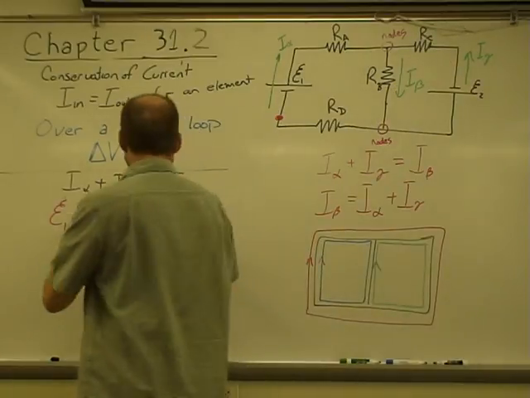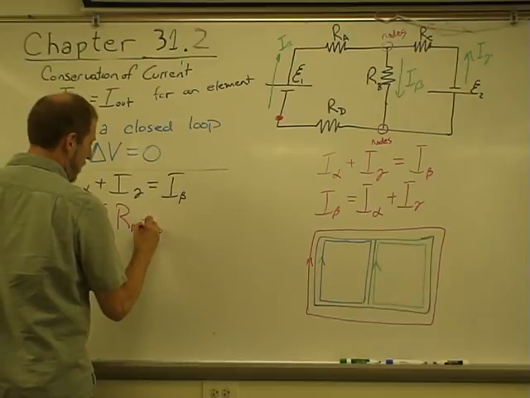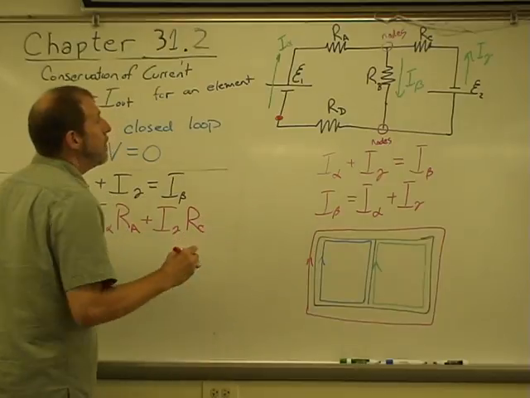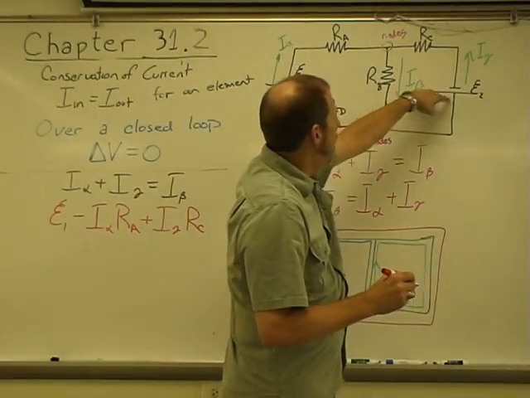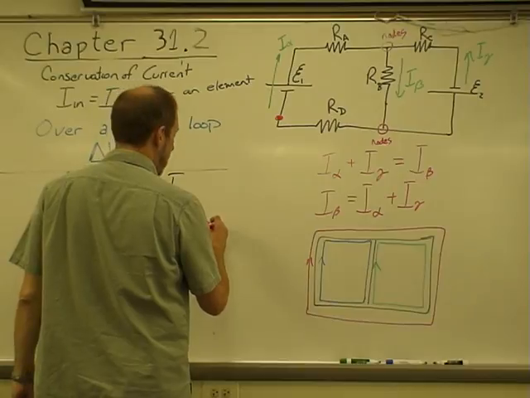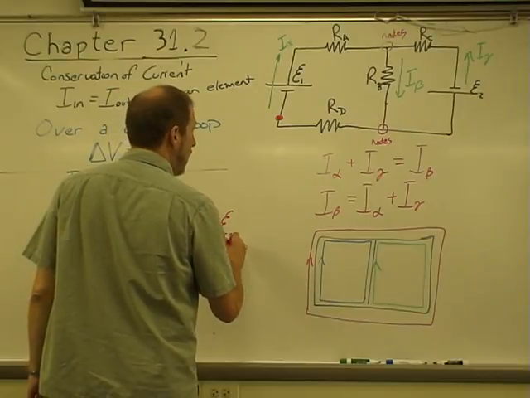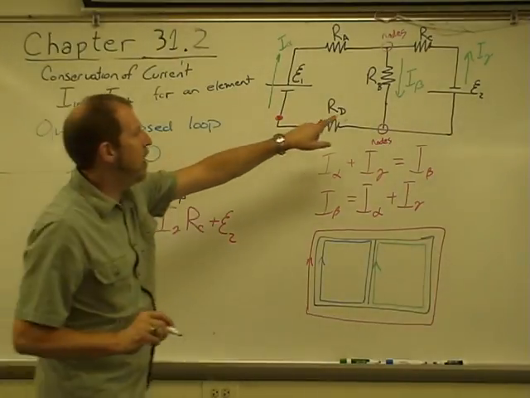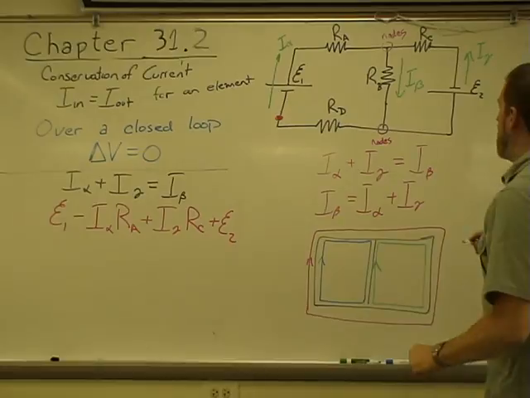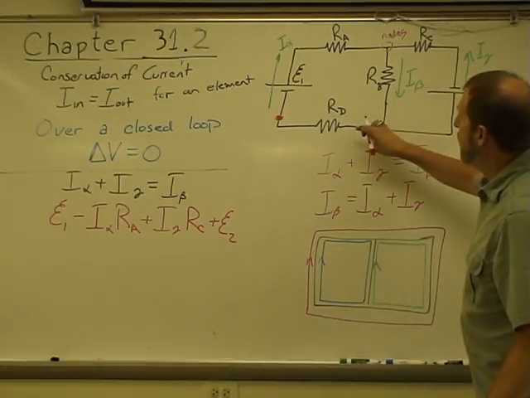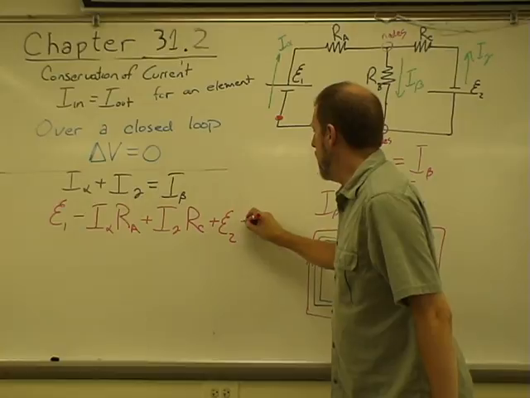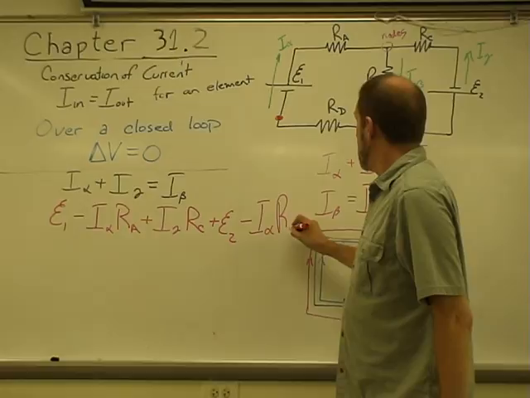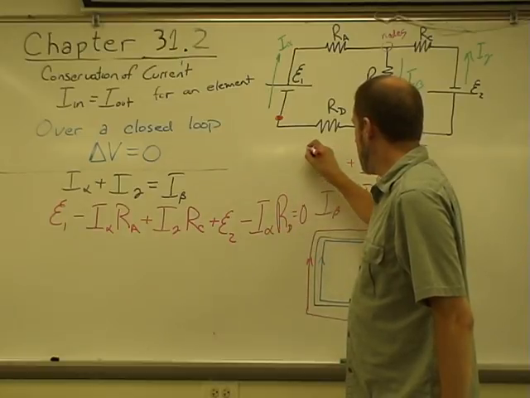So the potential should increase by I gamma times resistance C. I'm going from negative to positive, so the voltage will go up by the EMF of battery 2. Passing around, I'm going with the current, so the potential will drop by I alpha times RD, and then I'm back where I started, so hey, that equals 0.